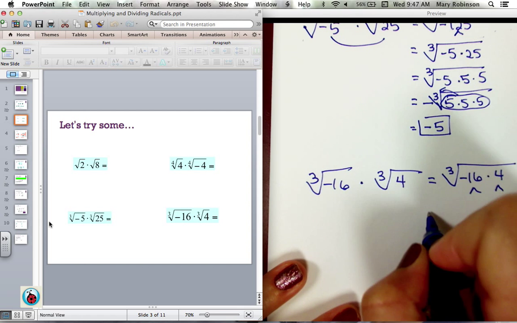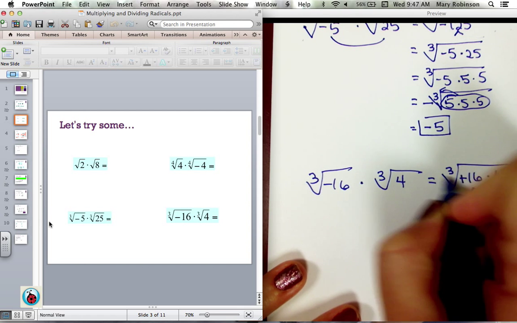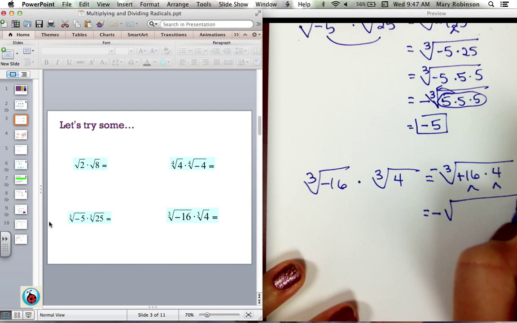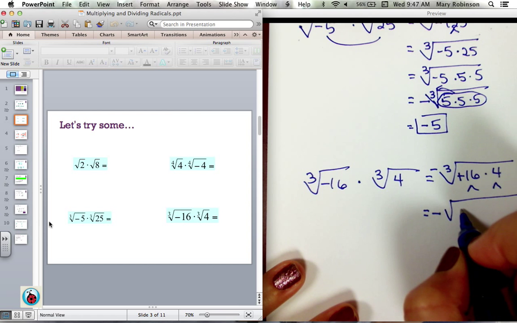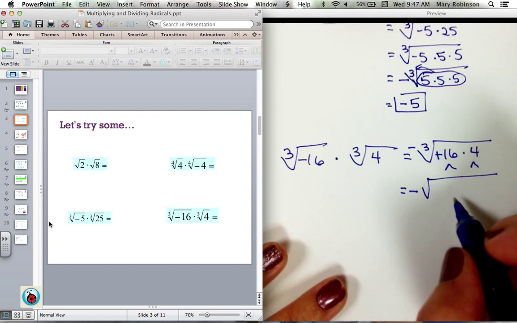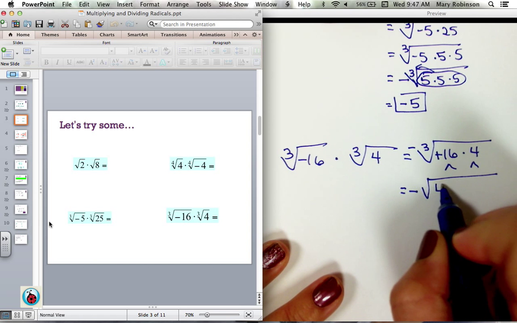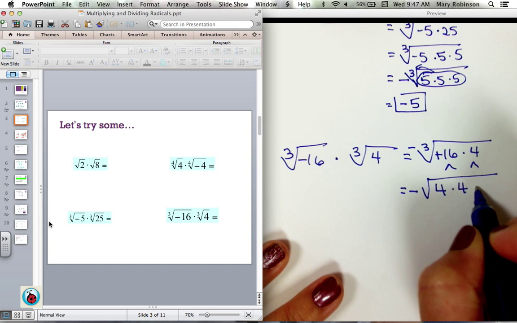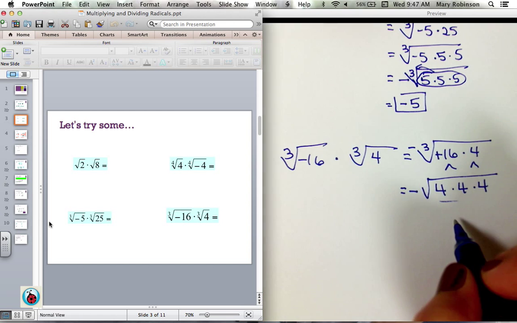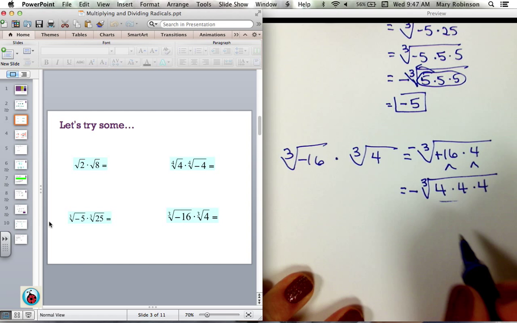Remember that with the negative, I'm going to put a negative out front and not worry about it anymore. 16 is the product of 4 and 4. So the shortcut is, if you recognize it's 4 and 4, then you've got 4 times 4 times this 4 here, which is a perfect cube, because you can form one group of 3s.